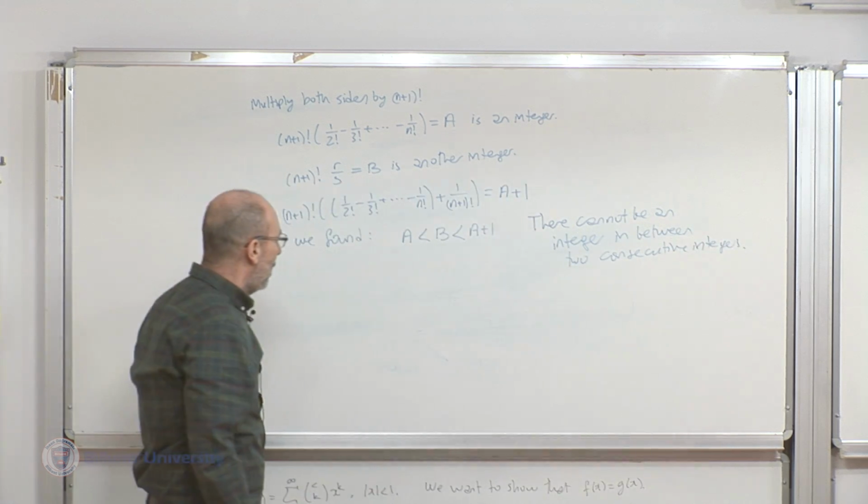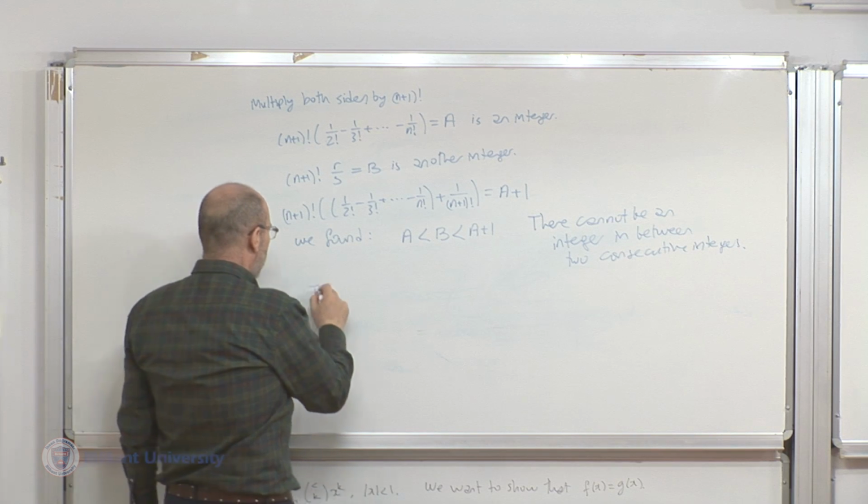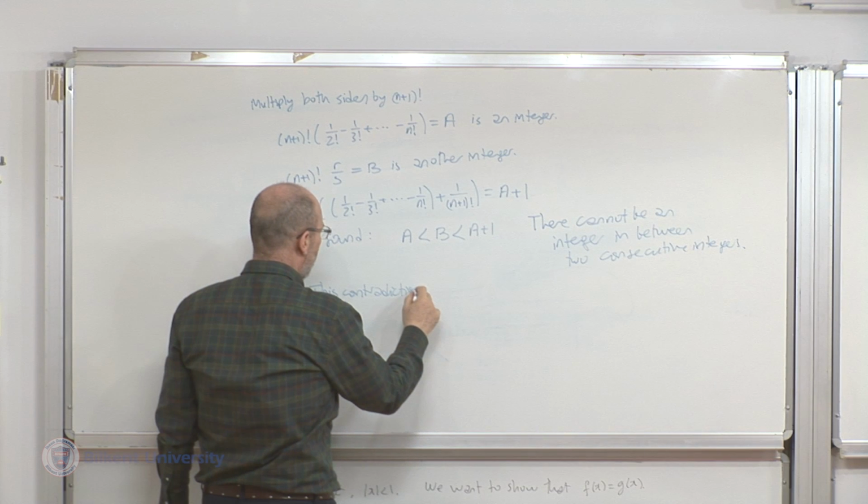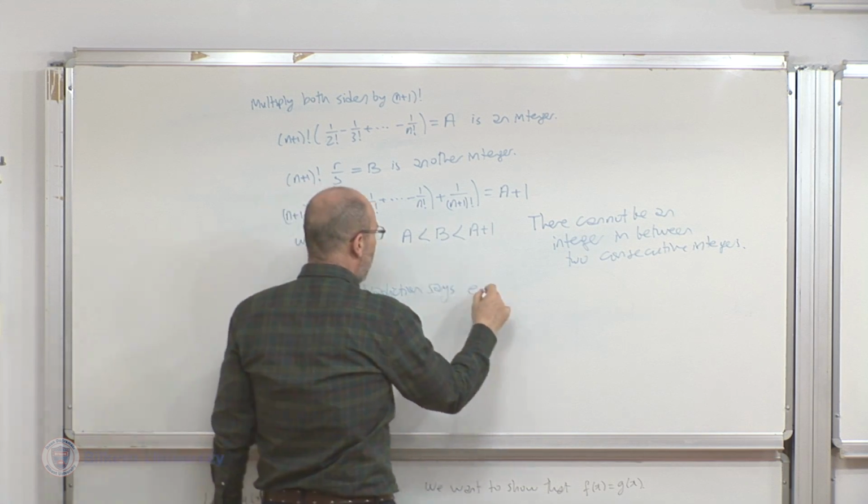So this contradiction says e is not rational.